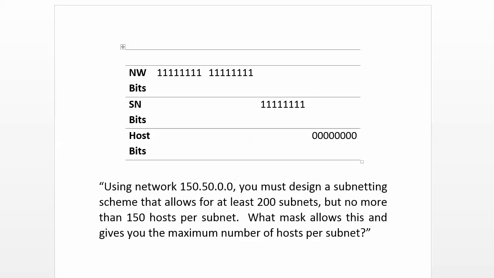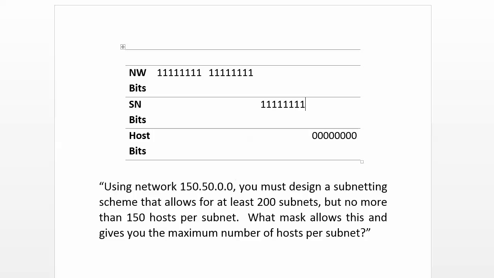So are we done? Is the mask 255.255.255.0, or is it /24? It could be either one of those, right? If you're given multiple choice, we've got to know dotted decimal or prefix notation expressions, which we do. I also know you know that this is not the right answer because we have no more than 150 hosts per subnet.